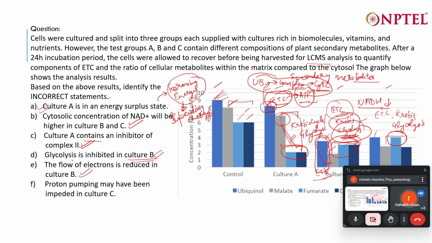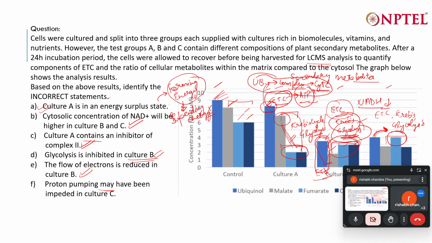Then proton pumping may have been impeded in culture C. So here the proton pumping is actually reduced, because the electron carriers are already inhibited. So we can say that yes, in culture C the proton pumping may have been impeded, but not really.